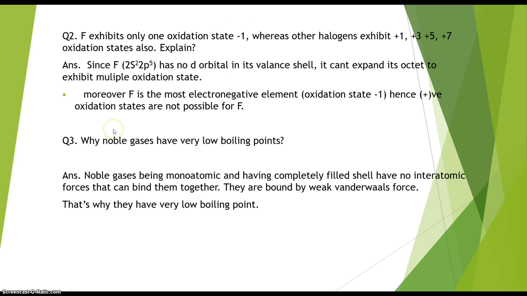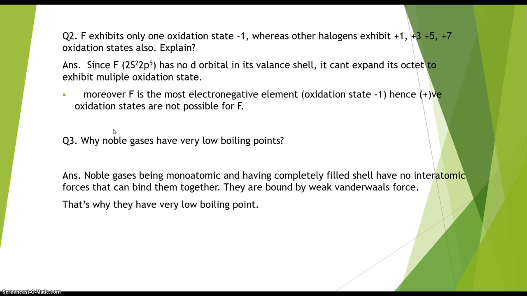Now let's move on to the third question: why do noble gases have very low boiling points? So as we know, for exhibiting a higher boiling point, the molecules or the elements have to be bound by strong forces, right? If they are bound by strong forces, then only they can exhibit a higher boiling point.